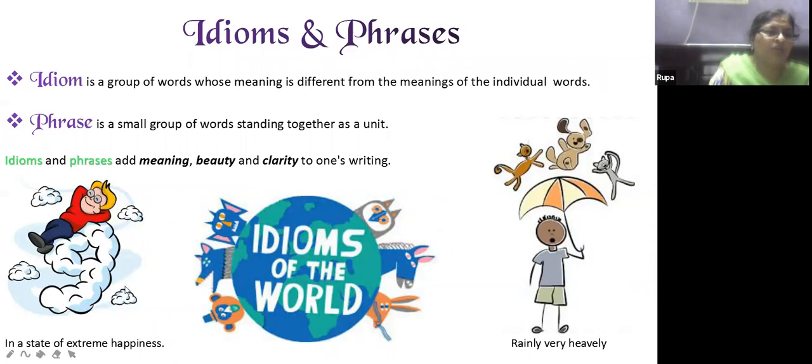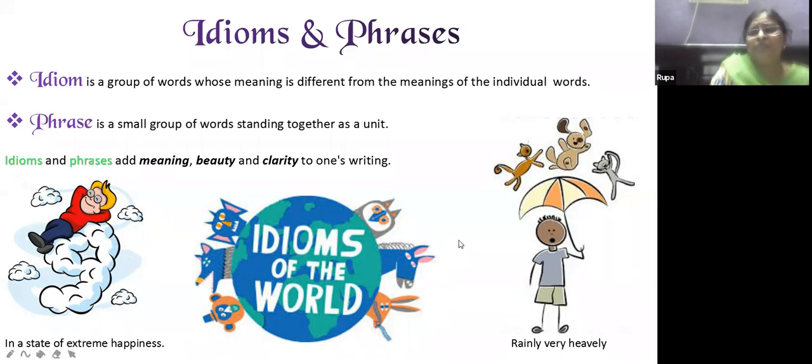On cloud 9 means in a state of extreme happiness. Now, how can we use this in a sentence? When I got a job, I was on cloud 9. It means when I got a job, I was extremely happy.